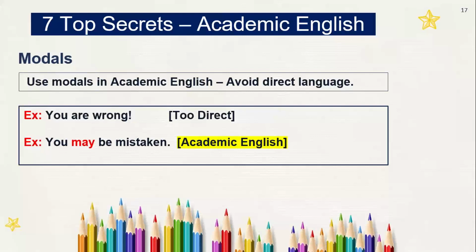Well, we use a modal. You may be mistaken. So it's a little softer, gentler, less direct, less offensive, and you want to use a modal to express the indirect language in academic English.